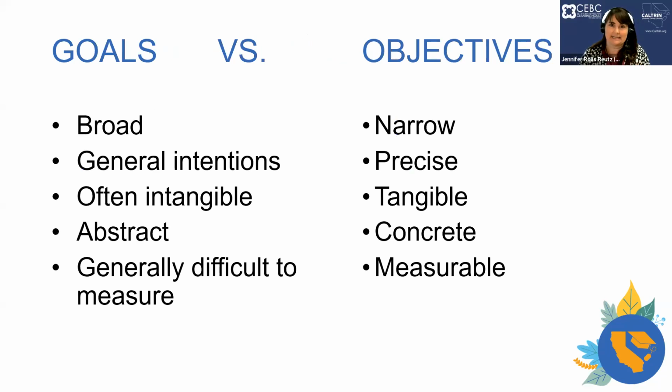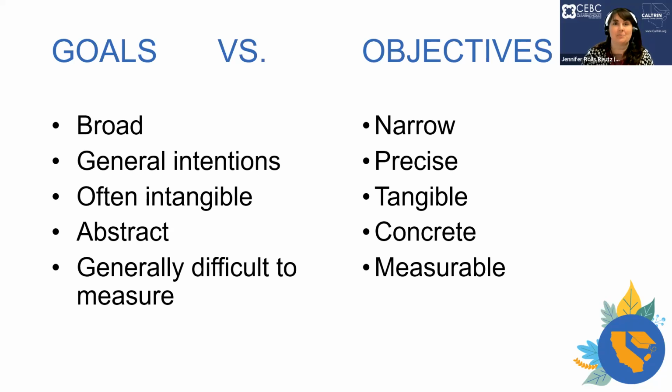Right, also setting some ground levels for us here. We're going to talk about goals and objectives. So let's clarify what the differences are, okay? Goals are the big picture. The objectives are the steps you take to accomplish that goal. So in general, goals are broad. They're general intentions.